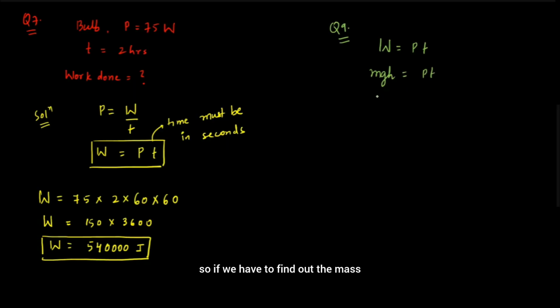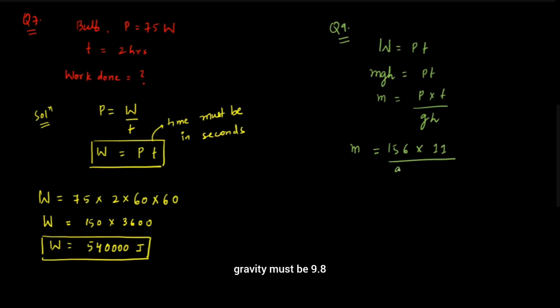So mass must be equal to power times time divided by g times h. Let us substitute the values. The power is given as 156 watt. This work is being done in 11 seconds. Gravity is 9.8 and the height up to which it is raised is again 9.8. So you simply have to solve this and you get the mass.